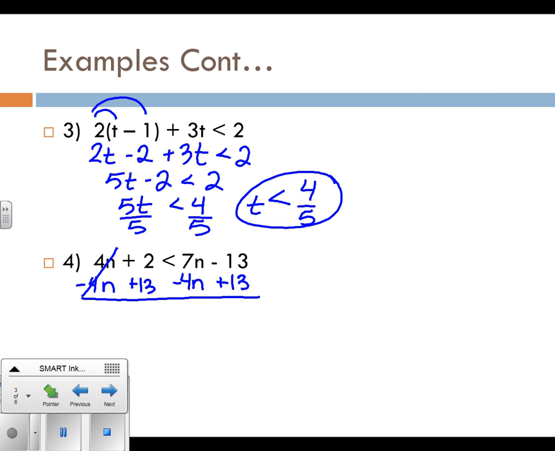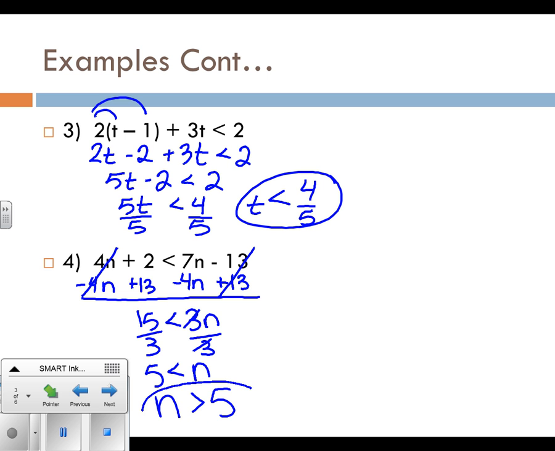So this would be 0, this would be 0, so we're left with 15 is less than 3n. Divide both sides by 3, so 5 is less than n. Or you can say n is greater than 5 when you put the variable first.